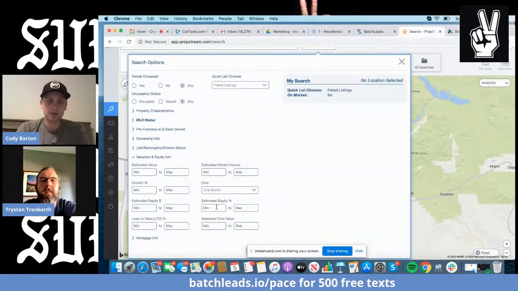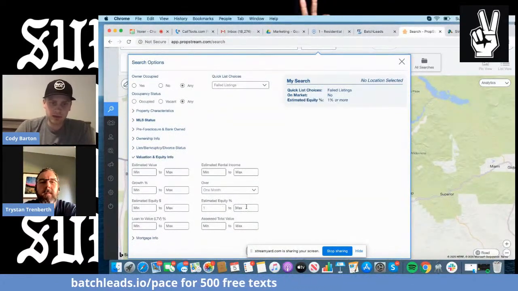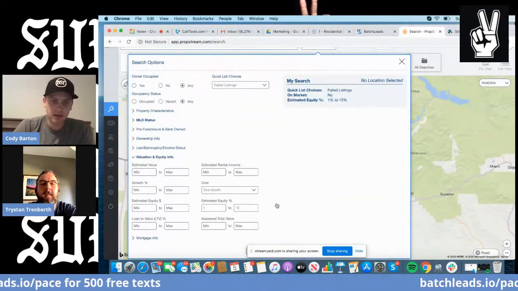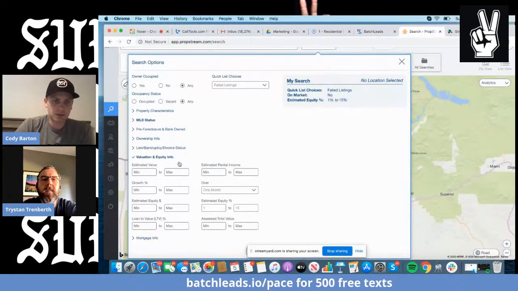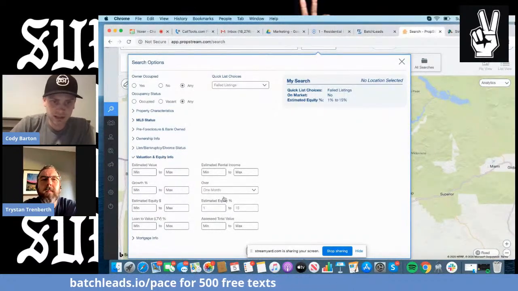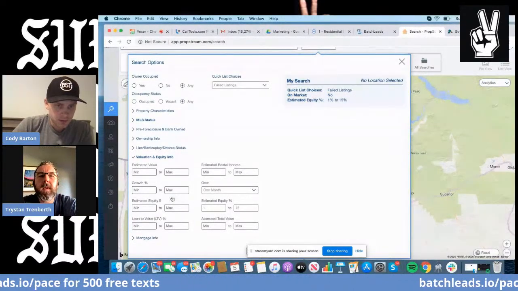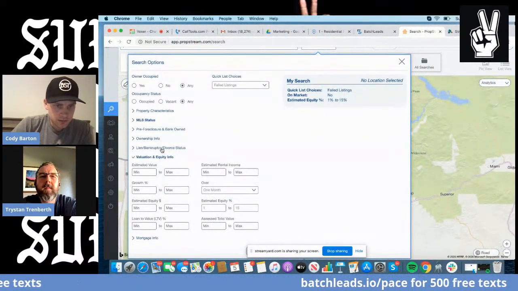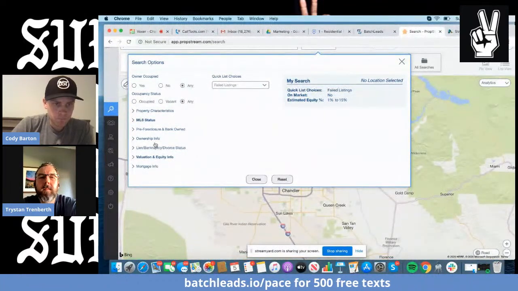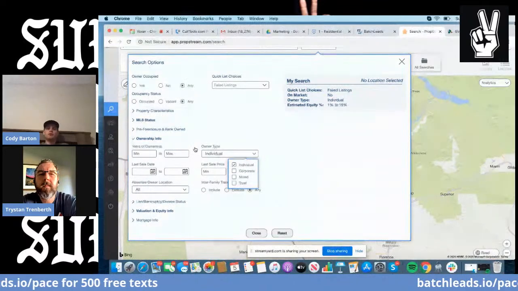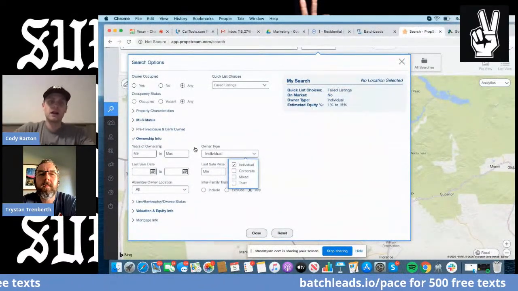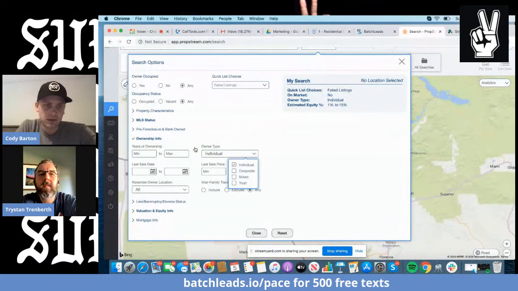For estimated equity, I would do 1% to 15% equity, since these are people that are typically going to have a hard time selling on the MLS. For ownership info, individuals, so we're pulling just individuals that are the homeowners, not LLCs.